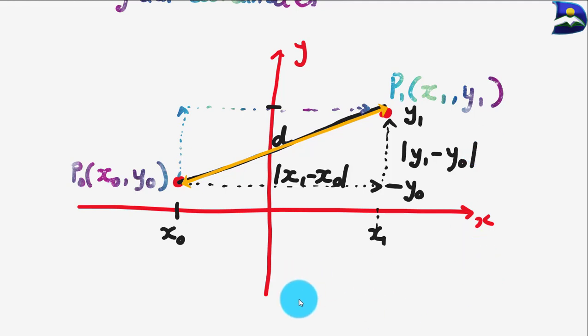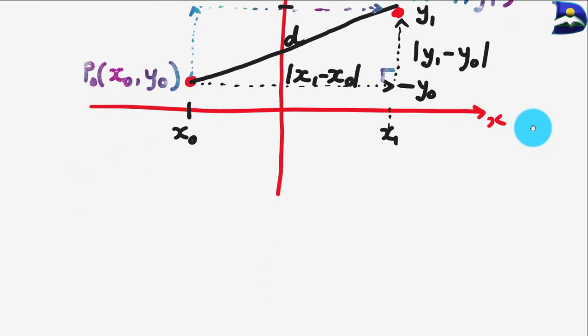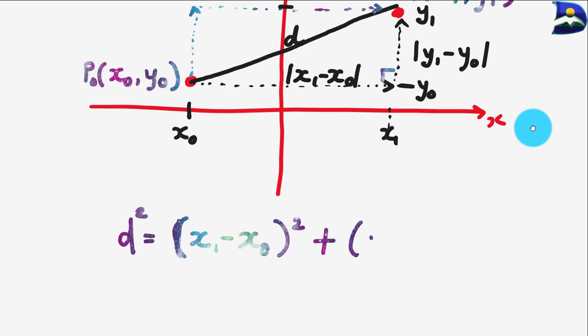And to address our d, you recognize this to be the Pythagorean theorem, because in here we have a right angle that is showcased here, and this leads us to what our d is, where d squared is equal to the magnitude of our x, which is in this case (x1 minus x naught) all squared, plus our distance in y, which in this case is (y1 minus y naught) all squared.